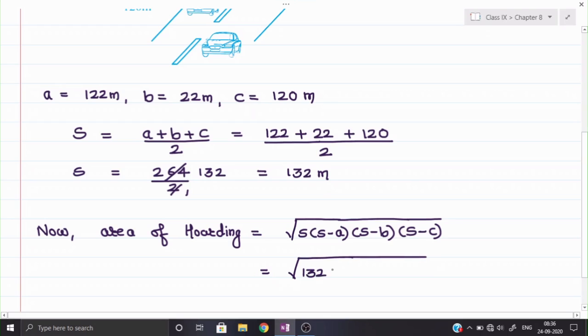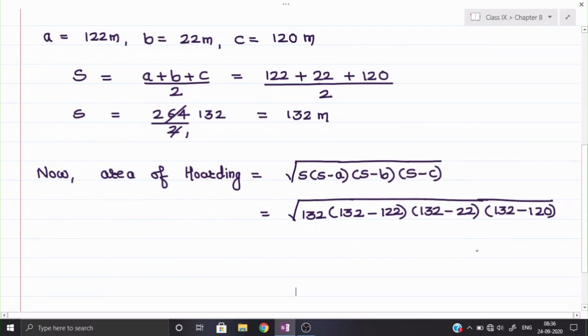The value of S is 132, then 132 minus 122, then 132 minus 22, and the last one is 132 minus 120. The square root symbol should go at last. Now let us simplify further.